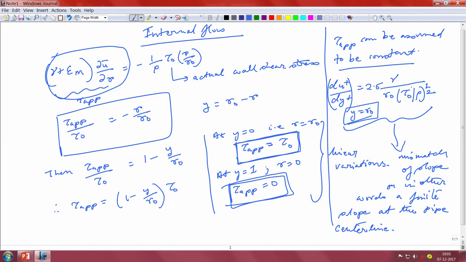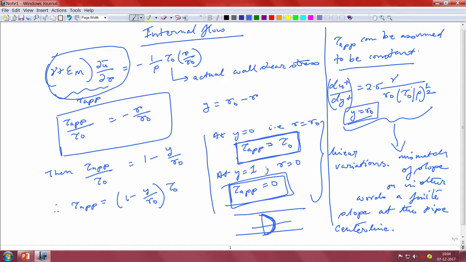So, that is clearly not correct, because if you recall, for any pipe flow, no matter what the turbulent profile is going to be, there has to be some kind of an inflection point at the center line. So, this is one of the major drawbacks when you assume that your tau apparent is the same as your tau wall.